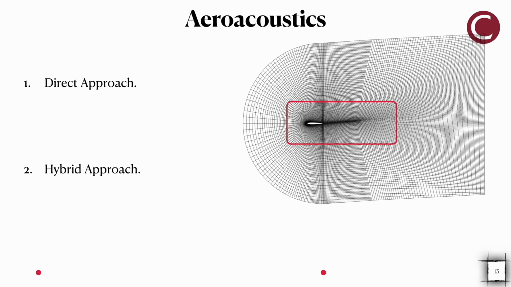So we compute the velocity field, the pressure field, and the density field on this data surface. And we use this as input to the acoustic solver. So in the acoustic solver, we only have the flow field on the data surface. And what it does, it propagates the acoustic wave to the far field. And the computational cost of the acoustic solver is much less than the flow solver.